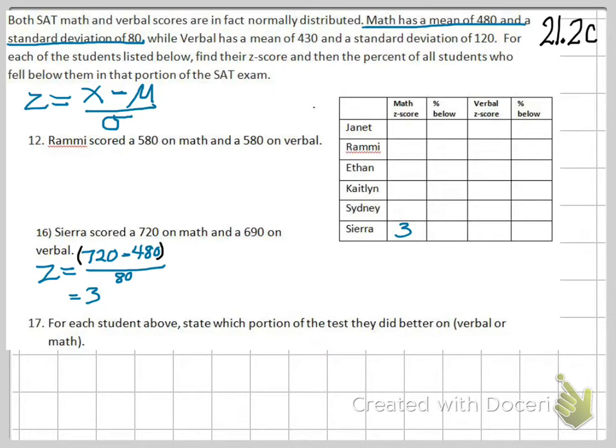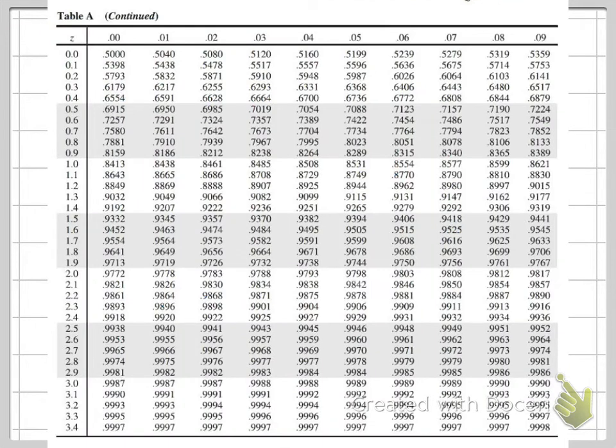I need to go to the table in order to figure out my next step. I need to find the p-value that goes with 3. Positive side of our table. And here we go. Right down here, 3.0. I don't have more than one place past the decimal, so I don't have to worry about going sideways on the table.